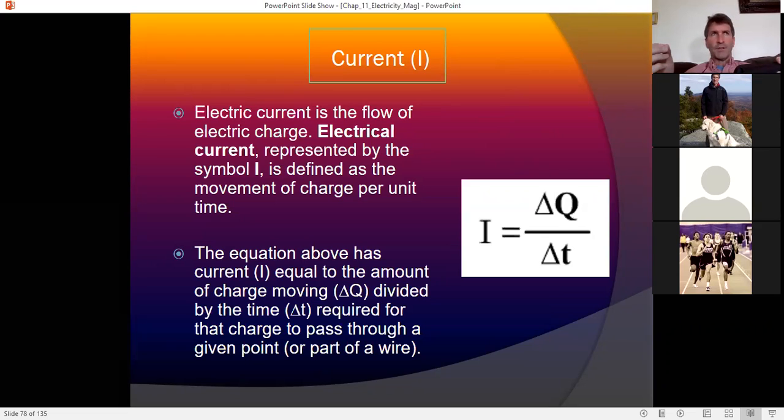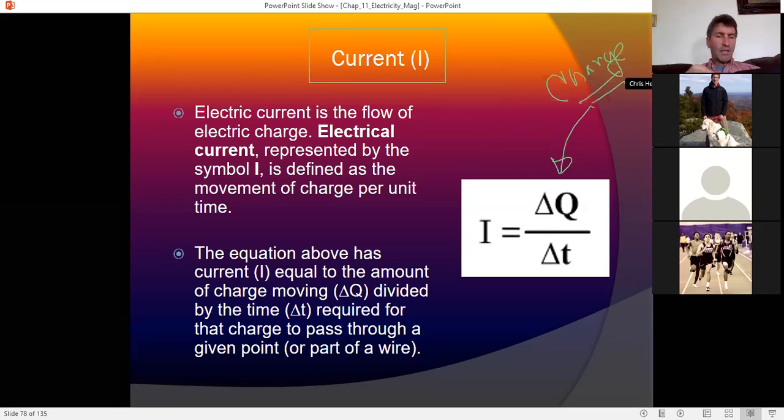We've already seen that voltage is measured in volts, and that's how much energy per unit charge. Current is how much charge is actually flowing. When I'm looking at the current, I'm looking at how many charged particles are flowing.